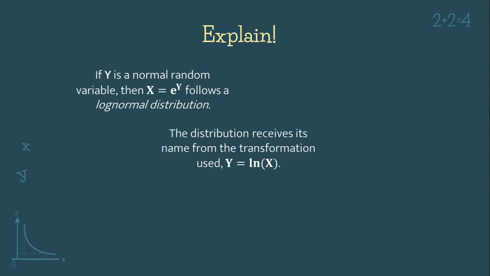The distribution receives its name from the transformation used, y equals ln of x. Yung name na log-normal ay mula sa transformation ng y equals ln of x. It is right-skewed and takes values in the range of 0 to positive infinity. Ang graph ng log-normal ay right-skewed at mayroong range from 0 to positive infinity.